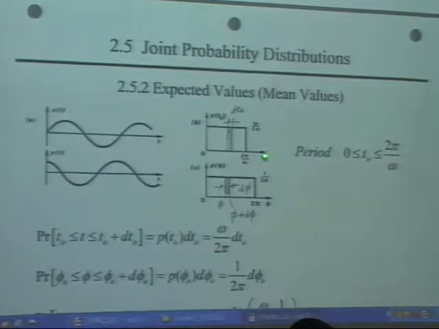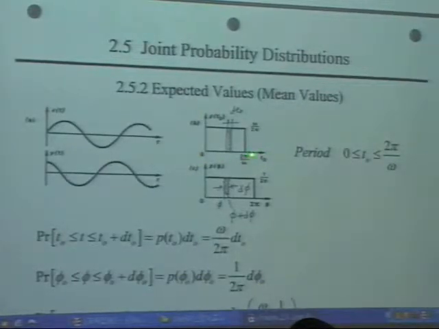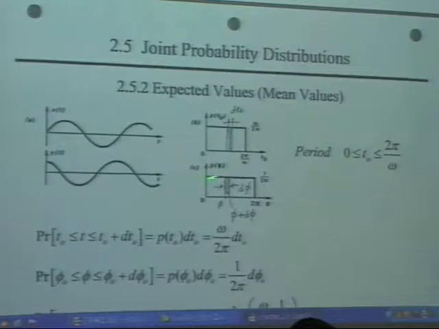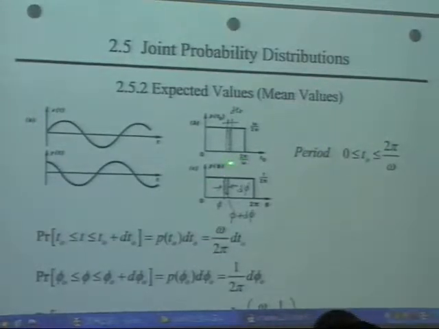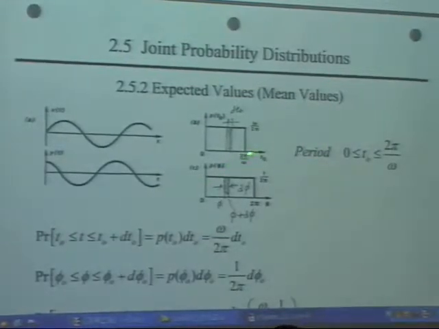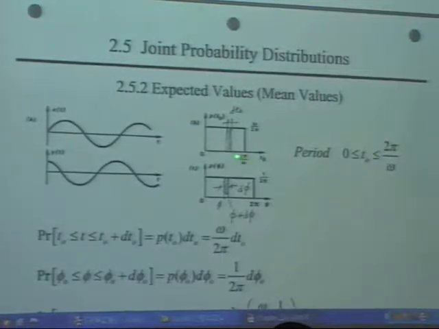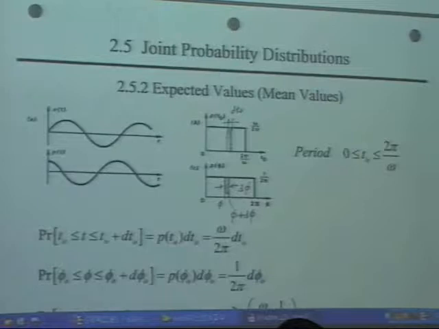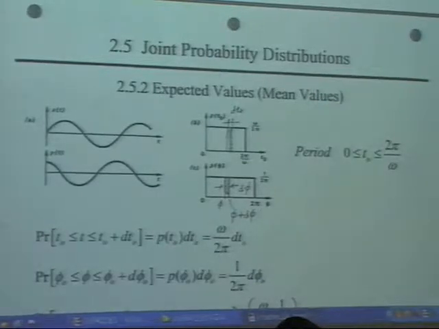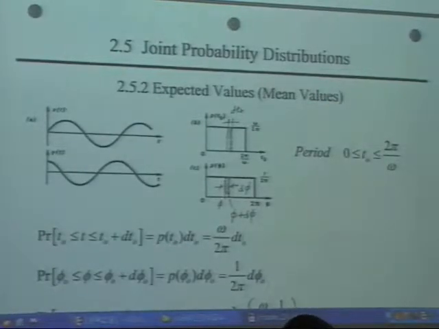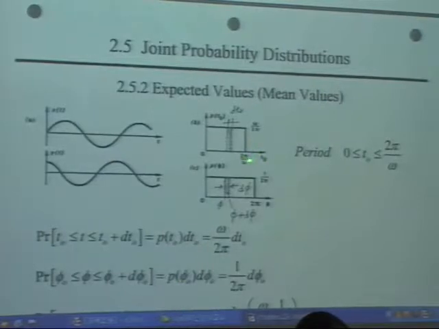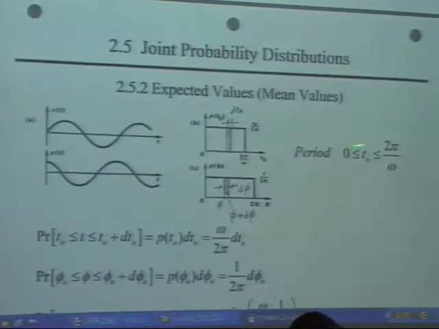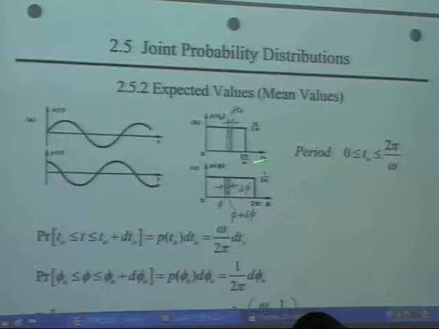So first t naught. What's the range of t naught? It's 2 pi over omega, the unit is time, right? Because this is angle divided by radian per second, which is a second.